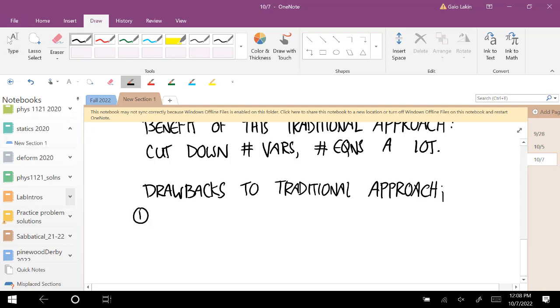The first is, in order to get the right answer, you have to classify the structure correctly, and my experience is students don't always get that classification right, months or years after you take this class.